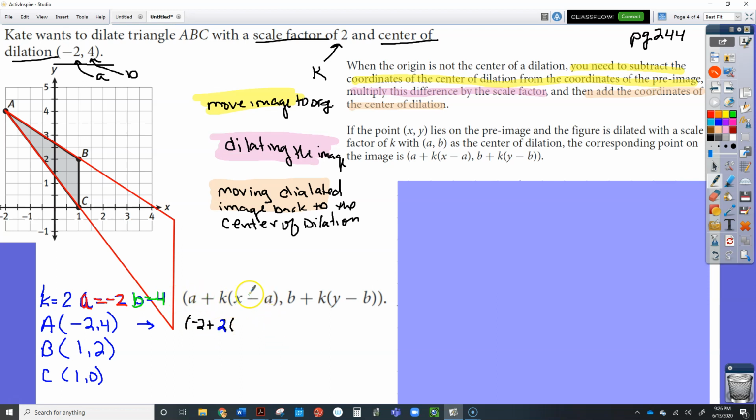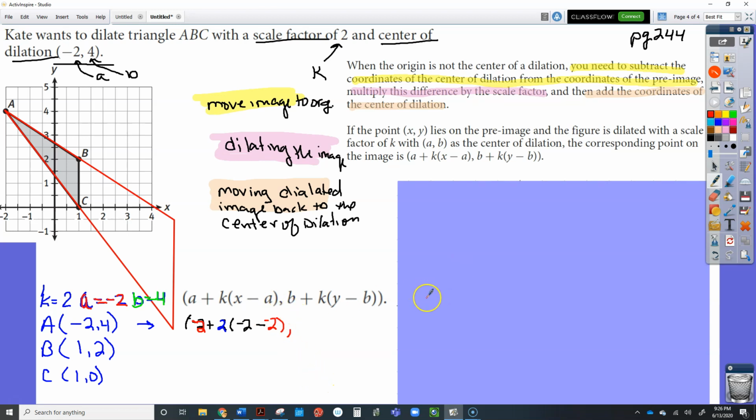Okay, so A should have been red. So A is -2. And then we've got plus K, which is 2, and then parentheses, and then our X value, in this case, is -2 minus our A value, which is -2. Woo, there's a bunch of 2's in there. That's just the X value.